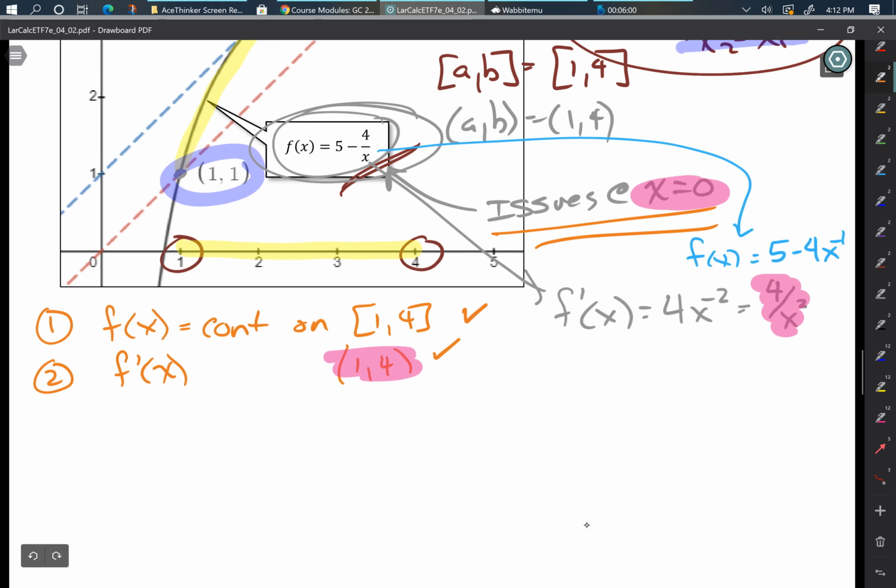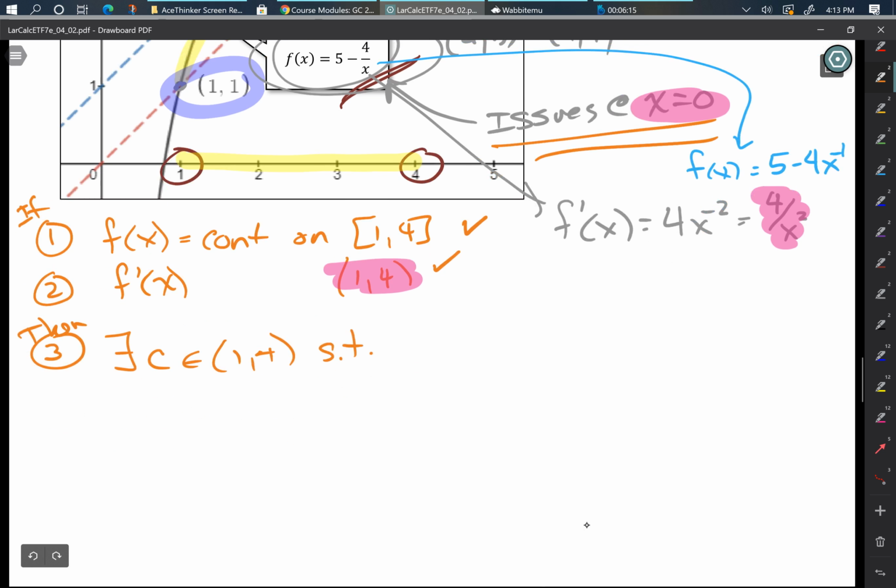And then the mean value theorem says, and this is the then part of it, remember these are the ifs, there exists a c, an element of the interval (1, 4), such that the following is true: f prime of c is equal to f of b minus f of a divided by b minus a.